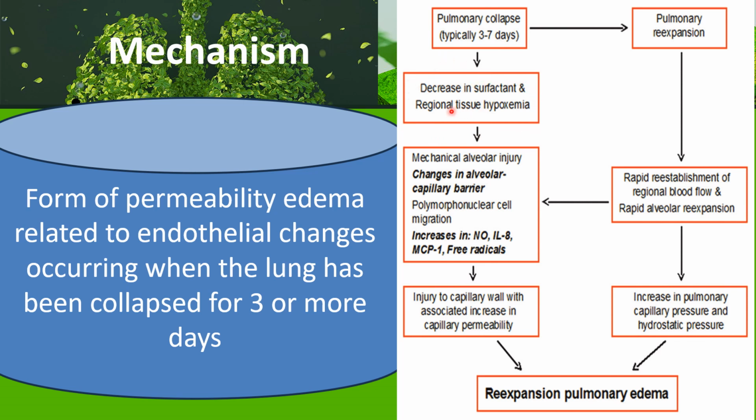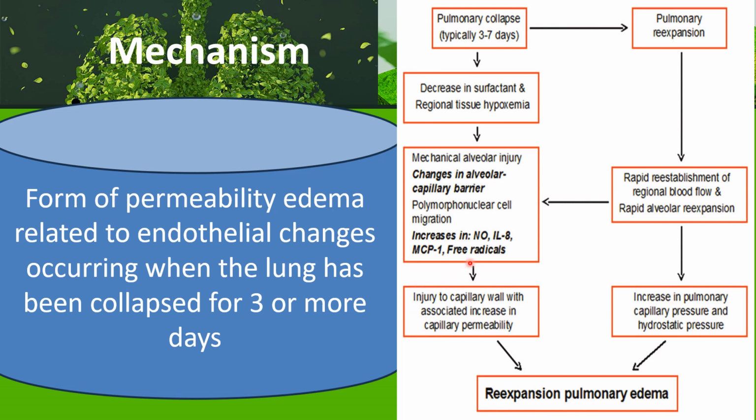Second, the permeability component. Because of collapse, surfactant is decreased, there is regional tissue hypoxemia, and alveoli collapse. There are changes in the alveolar capillary barrier, inflammatory cell migration, leukotrienes and other free radicals at that site, causing injury to the capillary wall with increased capillary permeability.